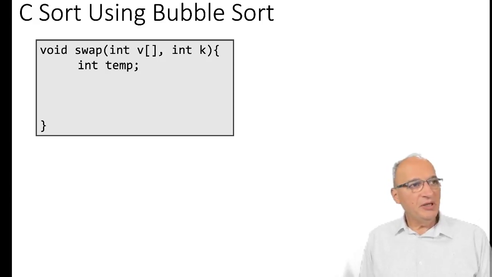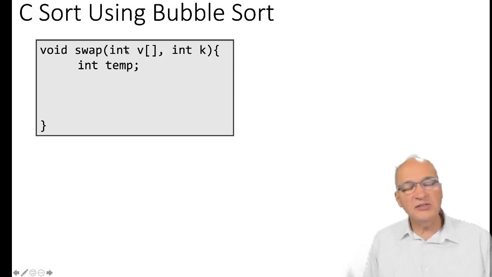In this implementation, I am working with an array of integers. The array is v, and in C, this notation int v with the brackets indicates that the first parameter to the function swap is the address of the first element of the array v.